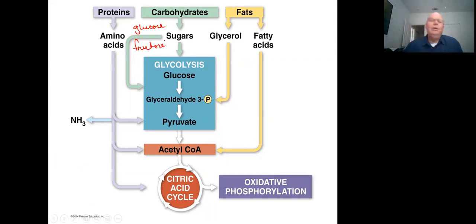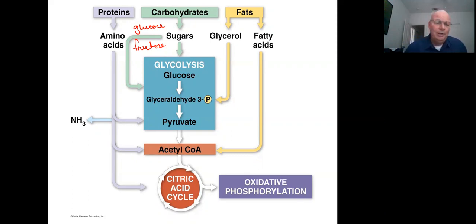So if we're talking about glucose or fructose, they can enter directly into cell respiration via glycolysis. If, however, we have sugars other than glucose or fructose, so long as we can convert them into one of the two, we can process them into glycolysis in some fashion and get the energy yield out of them. So carbohydrates are relatively easy to process.